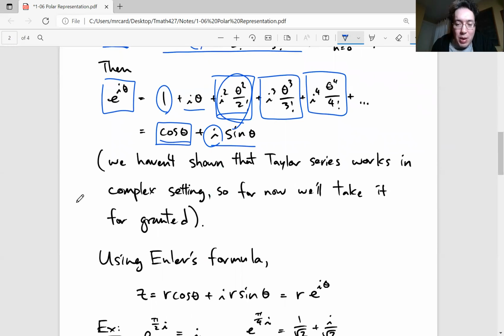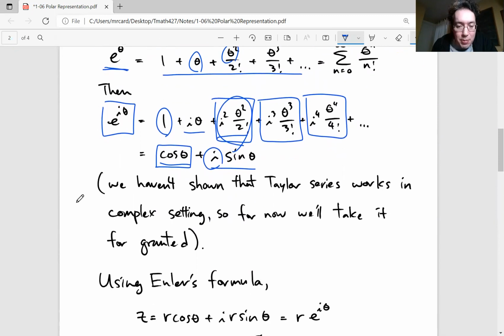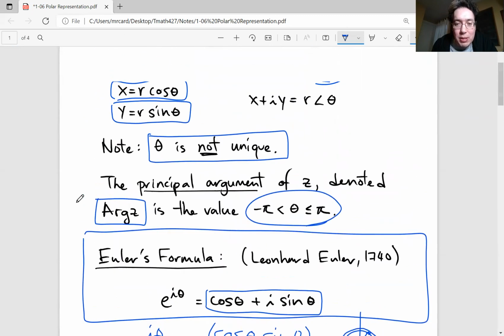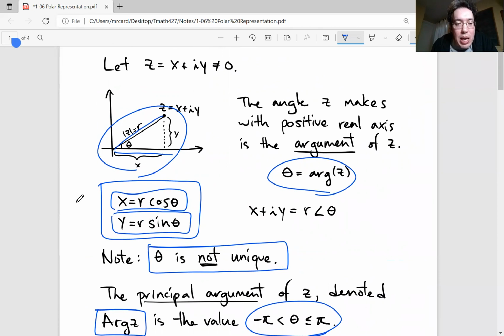Okay, all right. So how does this help us? Well, actually, in a lot of different ways. But let's focus on the polar representation of a complex number. Remember, let's zoom back here. Right over here, we wrote down that x is r cosine theta and y is r sine theta.